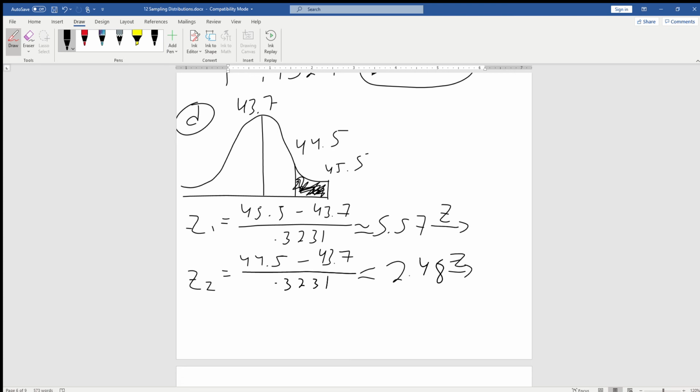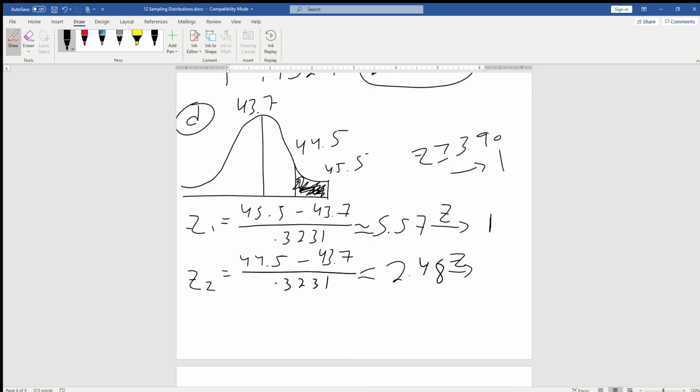I notice that 5.57 is not anywhere on the z-table. So you have to remember that if z is greater than or equal to 3.90, the area is approximately 1. We're just going to say that that's 1 for all intents and purposes.